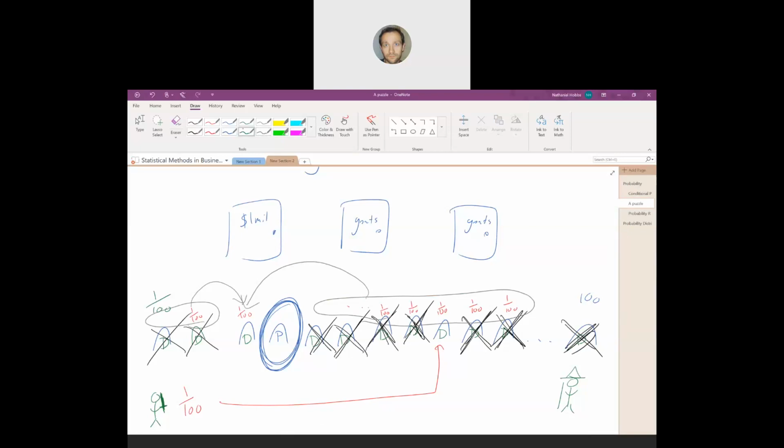So after the reveal, here, the prince still has a 1 in 100 chance of being right. But, I'm sorry, actually these go into the other two. They go both places equally.